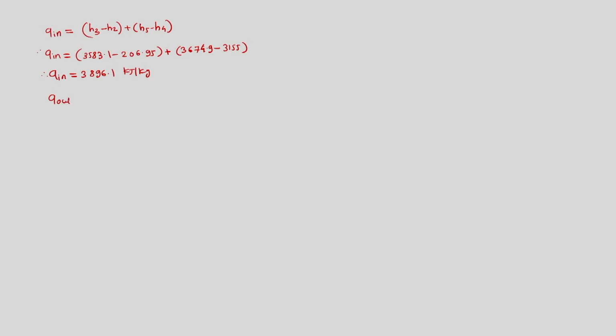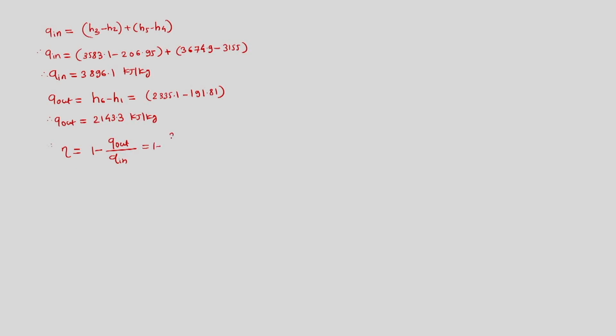Similarly, we can find out Q out, and Q out is H6 minus H1. H6 is 2335.1 minus 191.81. So we have Q out is equal to 2143.3 kilojoule per kg.